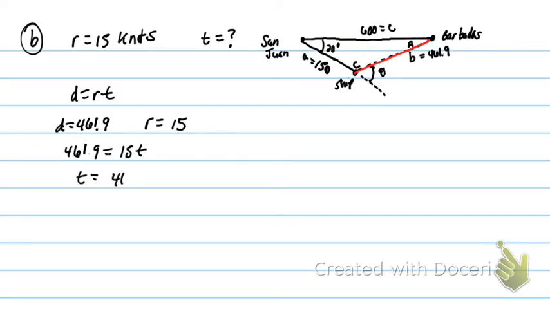So to get t, take the 461.9 and divide it by 15. 461.9 divided by 15. How about 30.79 hours? Make sense? Okay. Everybody got it? Okay. All right, that is it for 9.3.